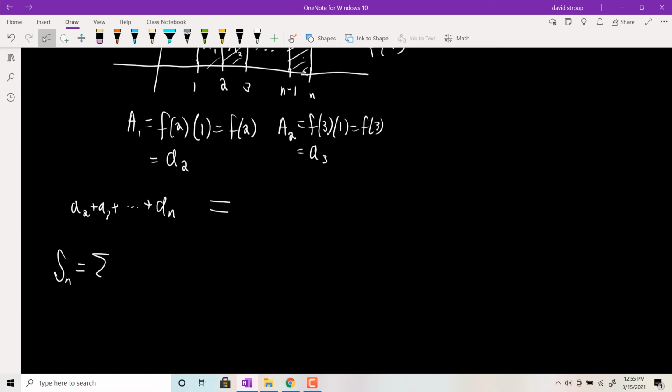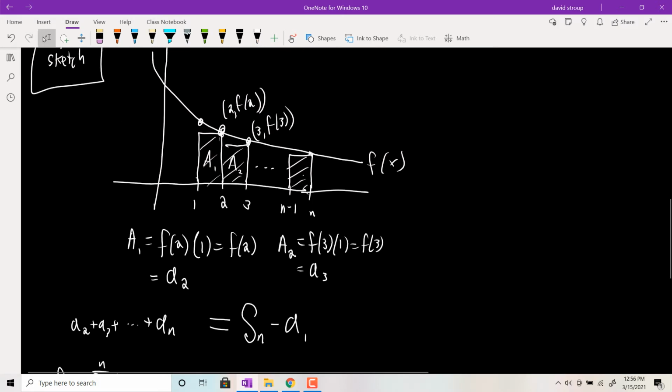S sub n is the sum from i equals 1 to n of a sub i, which would have been a sub 1 plus a sub 2 plus a sub 3 plus dot dot dot plus a sub n. So this thing is S sub n, but not really. It's missing a sub 1. So you could rewrite it as S sub n minus a sub 1, whatever the first term of the series is. Okay. So there's that thing.